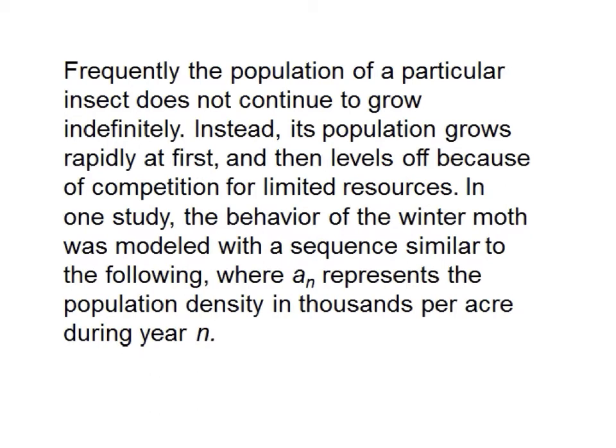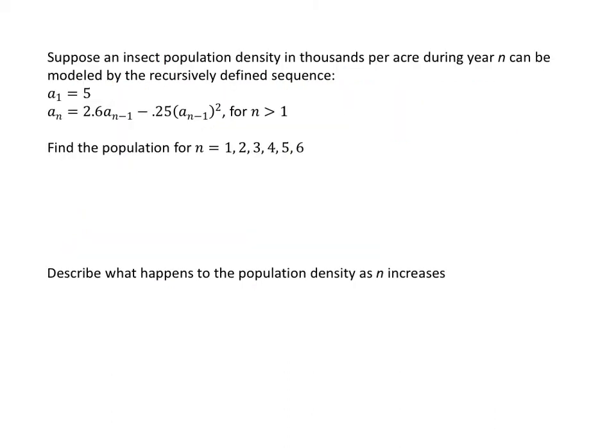So here we're looking at the behavior of the winter moth, which is modeled with a sequence that's going to be shown here. A sub n represents the population density in thousands per acre during any given year. So here's the recursively defined sequence for what we're looking for.